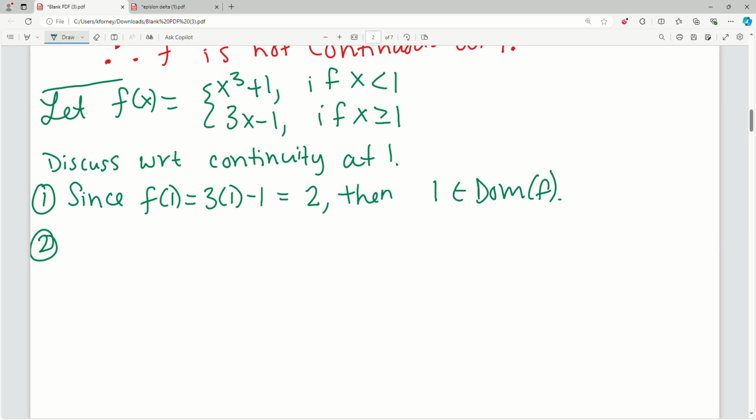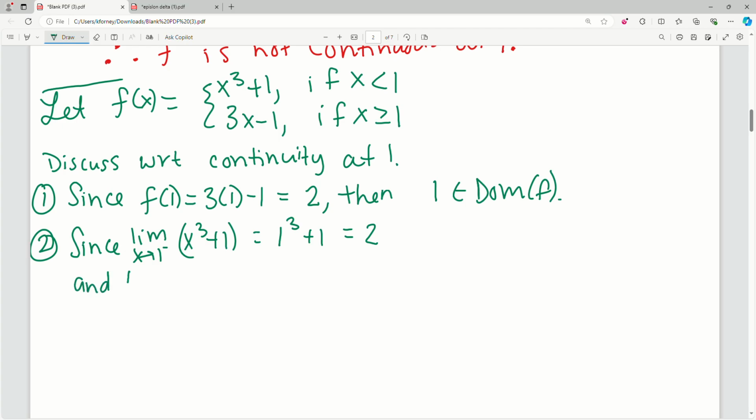Since the limit as x approaches 1 from the left comes from x cubed plus 1, that would be 1 cubed plus 1, which is 2.